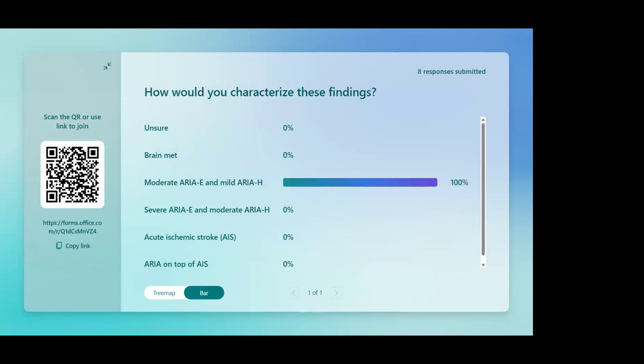And those people online, feel free to also scan the QR code and go ahead and answer the question if you would.